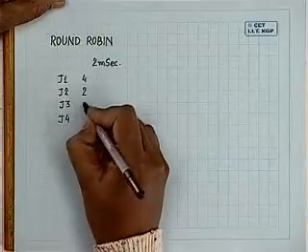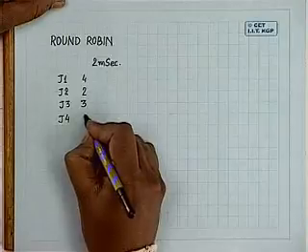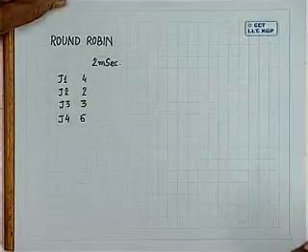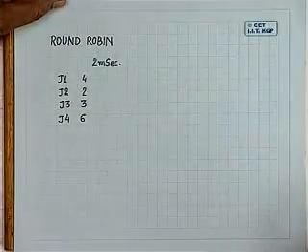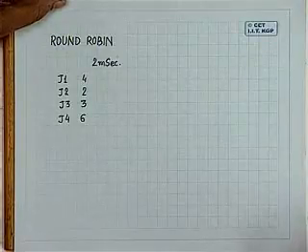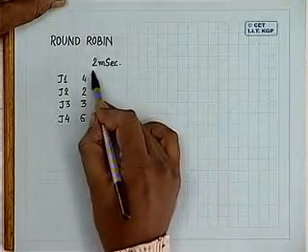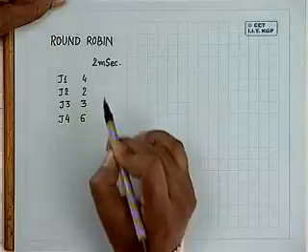Job J3 may take 3 milliseconds. And job J4 may take 6 milliseconds. Now let us see how round robin scheduling will work on this sequence of jobs. Our assumption is that the CPU time quantum is 2 milliseconds.